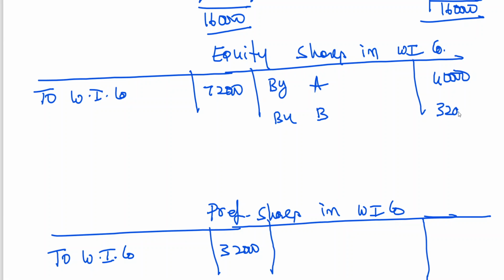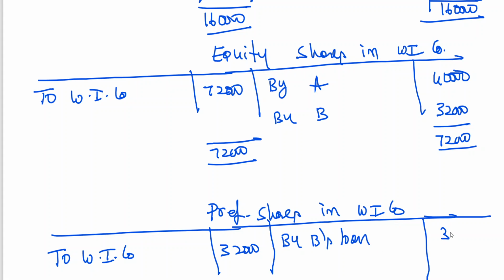If you open these two accounts, then you will have some clarity. But in the examination, when they ask, this is not required. For your comfort zone, you can open these accounts. Preference shares 30,000 we have given towards B's loan, and the balance 2,000 has been given to A. So this account also has been closed.